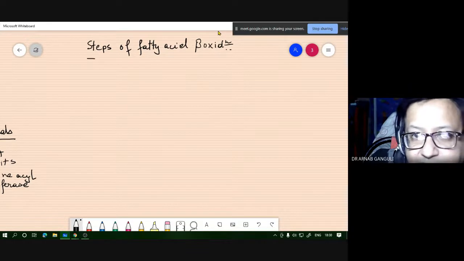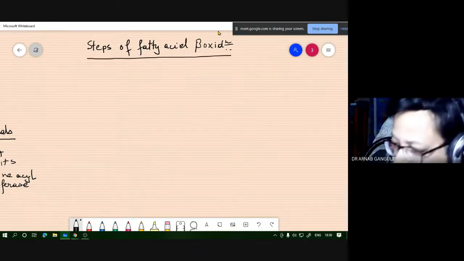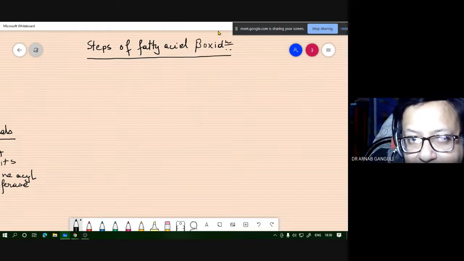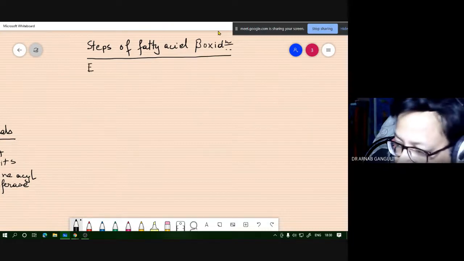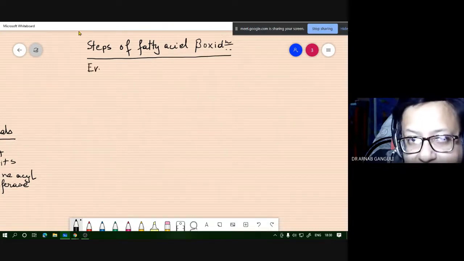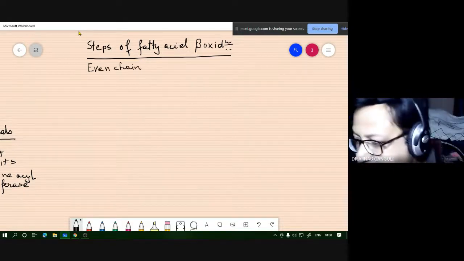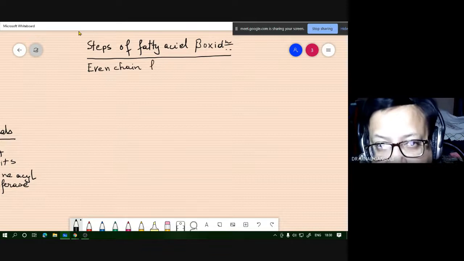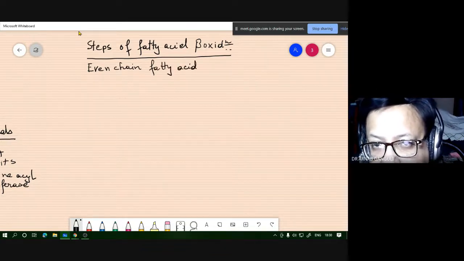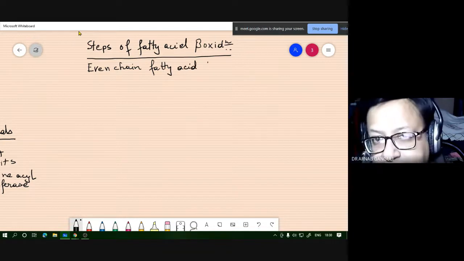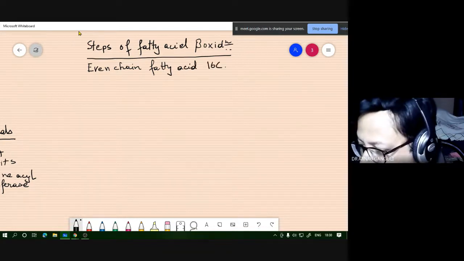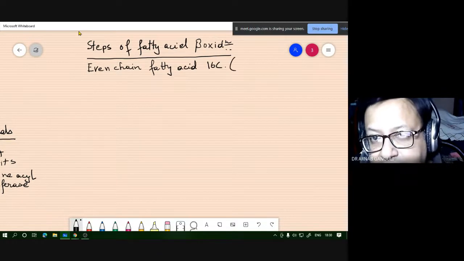The steps of fatty acid beta oxidation. So let us talk about palmitic acid only. Even chain fatty acid, 16 carbon, saturated. The simplest case we will be talking about.